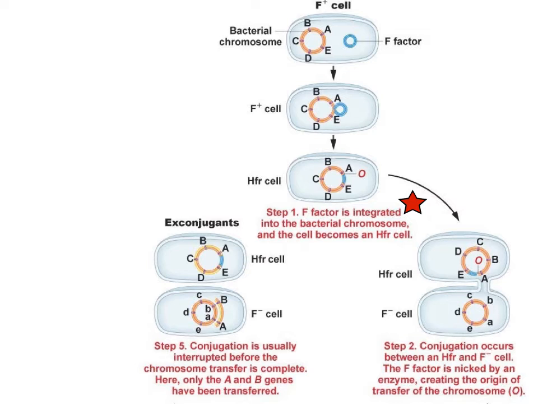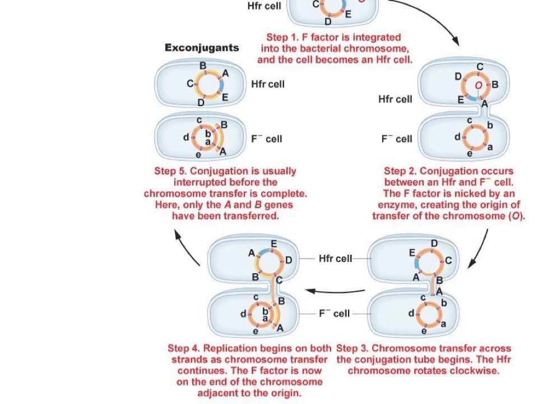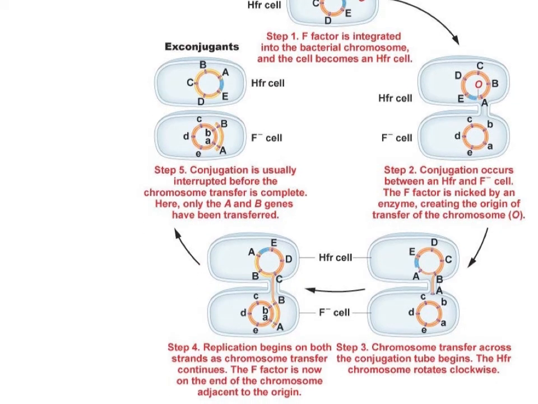So when this conjugation happens, we see what begins to be pulled into the recipient cell. Because of the location of the origin on the F factor that was integrated into the HFR cell's chromosome, what gets pulled in starts with the big A and keeps pulling, and might take the B with it, could even take the C. It just depends on how long these cells are conjugated, okay?